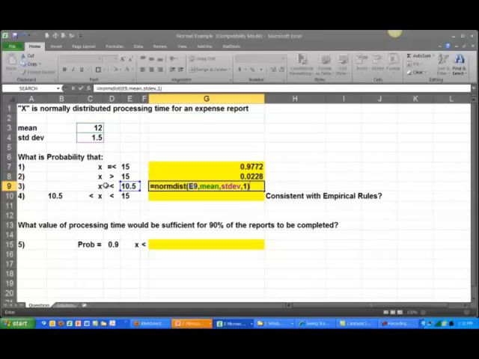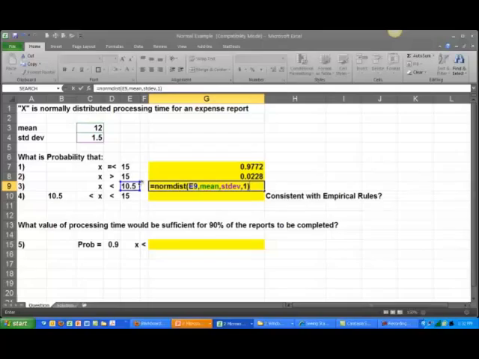The point here really is this. In the case of a continuous distribution, if I say I don't want to include 10.5, then I have to step down to the next value that's just below 10.5.